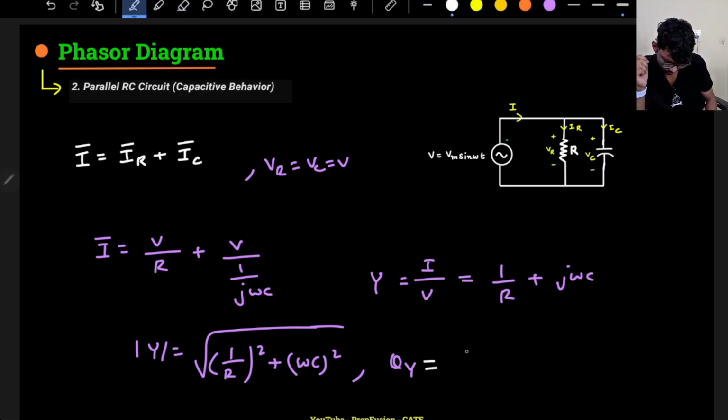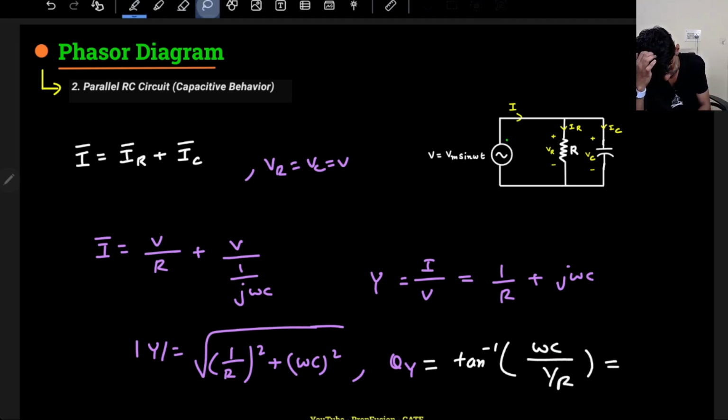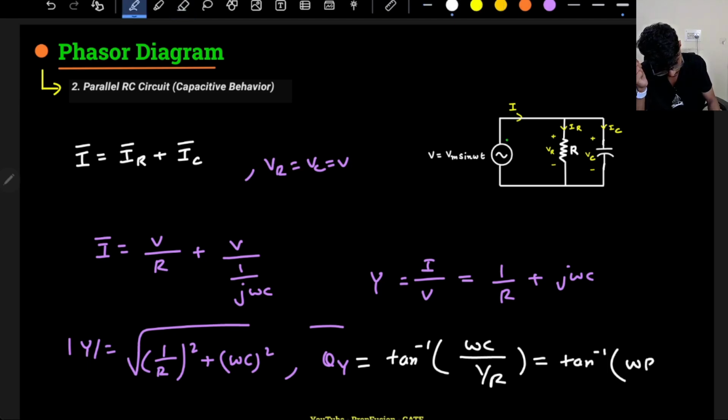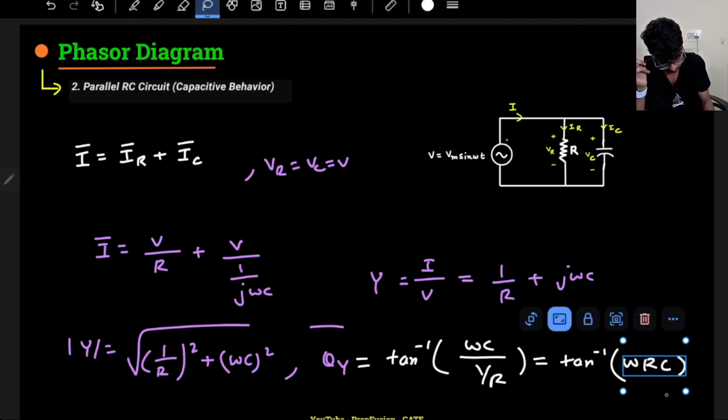It will be tan inverse of y upon x. Y is omega C, x is 1 by R, so it will be tan inverse of omega RC.